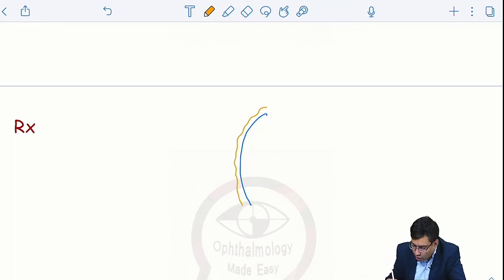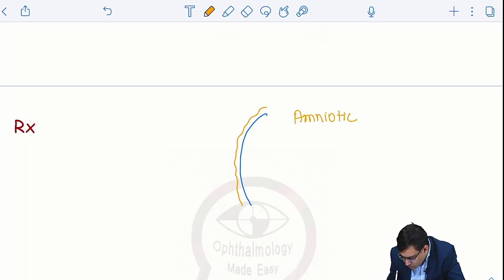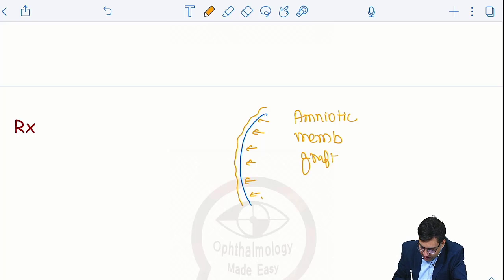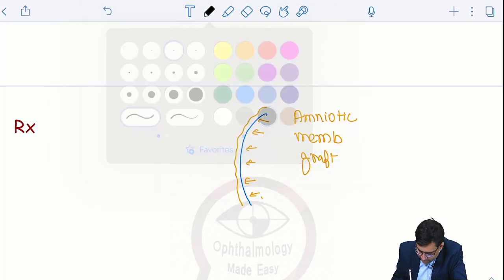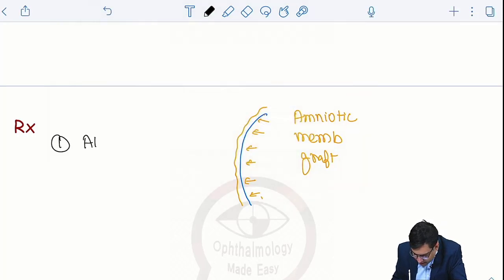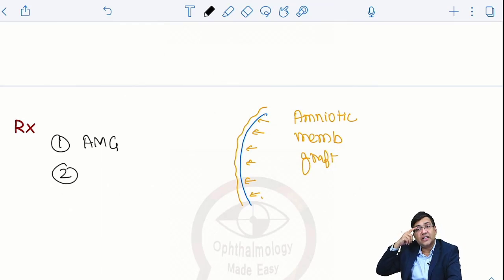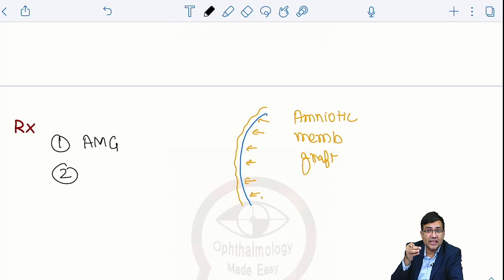I call it amniotic membrane graft. Now this basically releases many growth factors, and beneath it we can have regrowth of the epithelial cells. So my treatment is amniotic membrane graft.